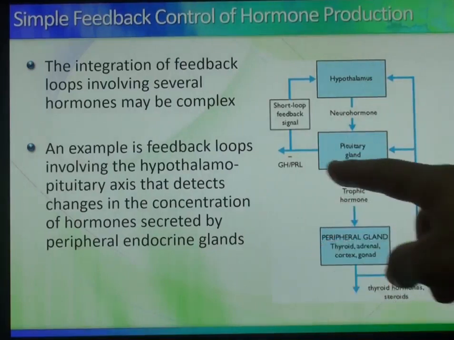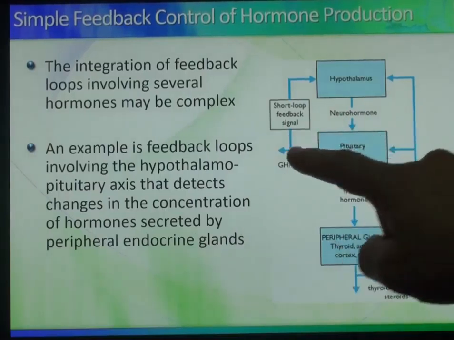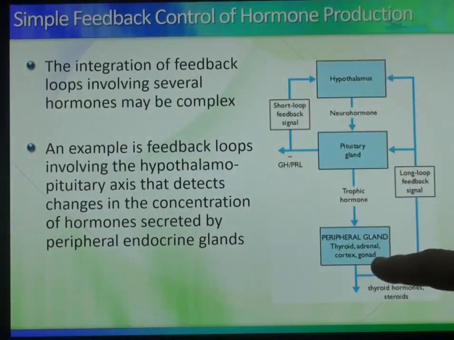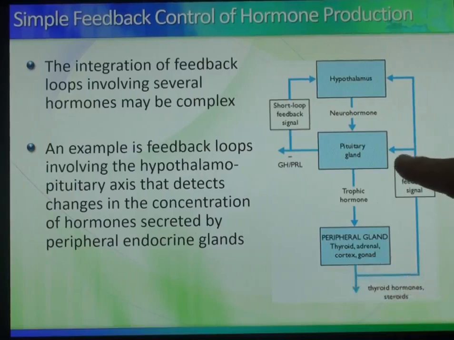Now, the hormones produced by the pituitary gland can feedback regulate the hormones that are produced by the hypothalamus. At the same time, the hormones produced by the peripheral glands can also feedback inhibit the release of hormones from the pituitary gland and the hypothalamus as well.